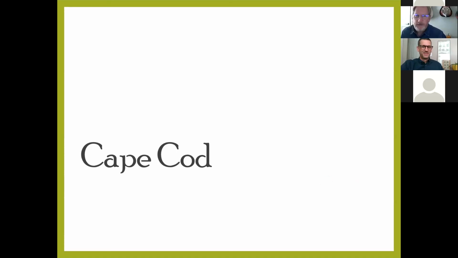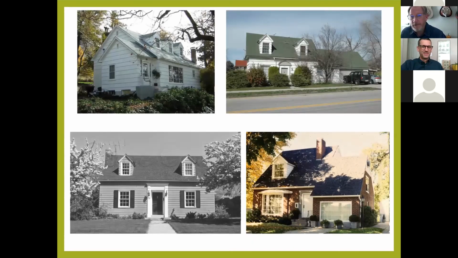Cape Cod is kind of a period cottage as well, but it's its own unique form. It's kind of carried on from the 1600s in the United States. It's a boxy form with a kind of steeply pitched gabled roof that's parallel to the street. But the main distinguishing characteristic is it will have pretty prominent dormers on the front part, either 2 or 3 or 4 sometimes, or in this lower right case, a single dormer on a narrow form with a garage attached.